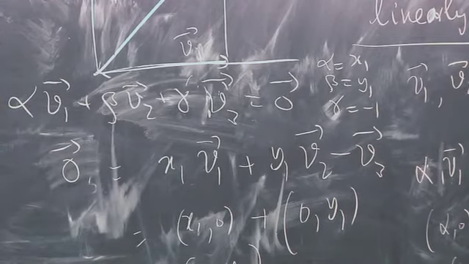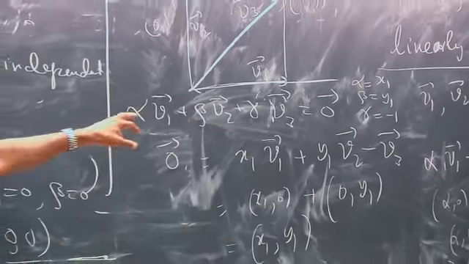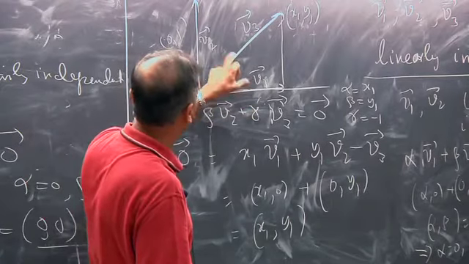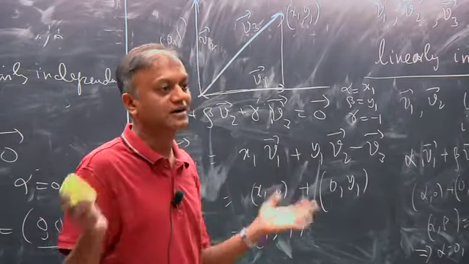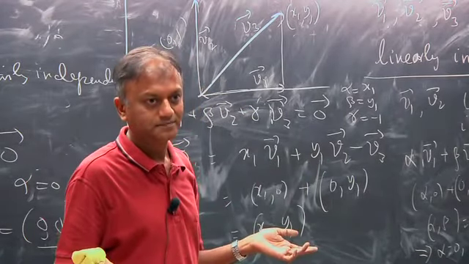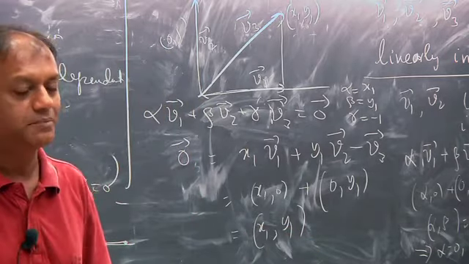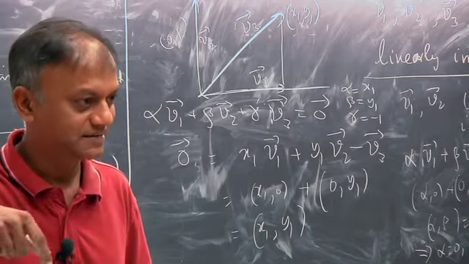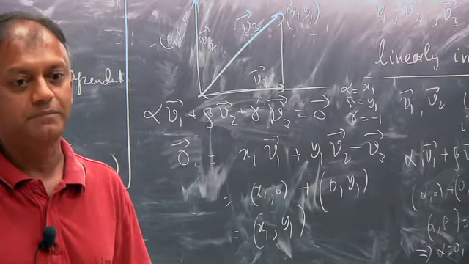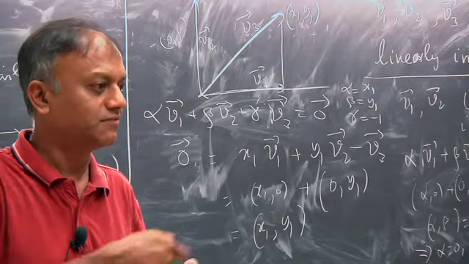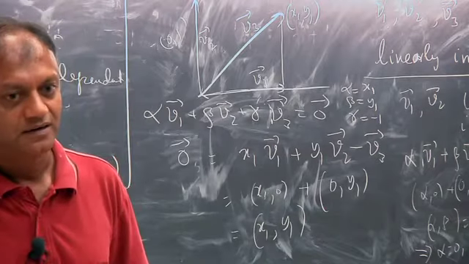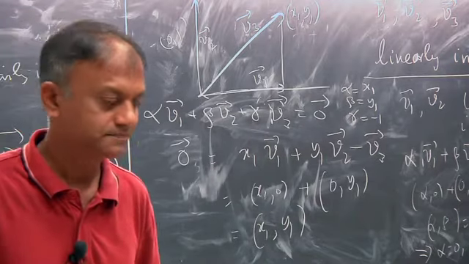So this is an example where V1, V2, V3 together are not linearly independent, which is the same as saying they are linearly dependent. So one of them can be expressed in terms of a combination of the others.